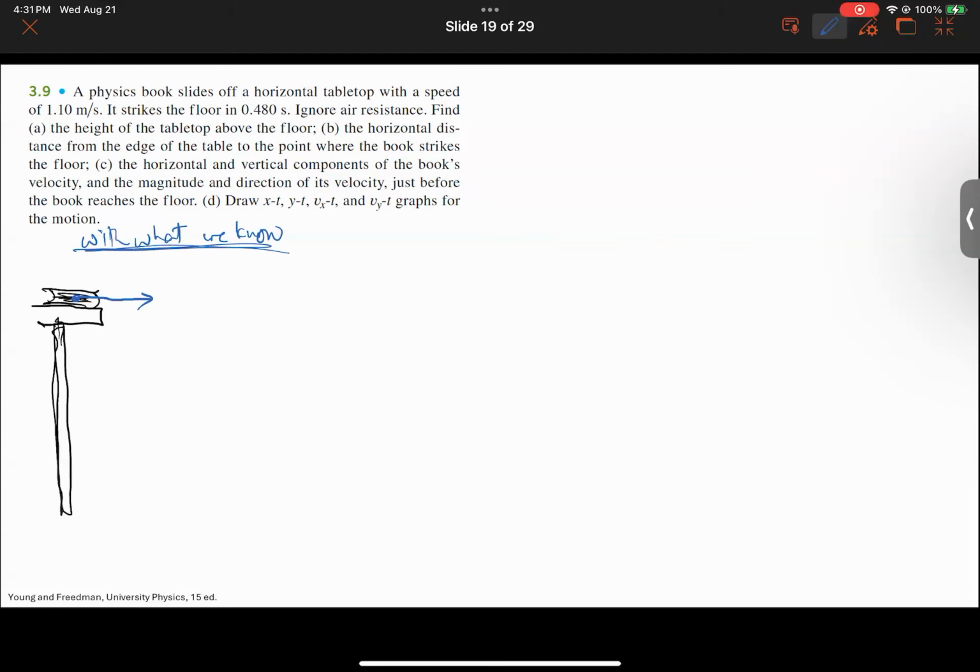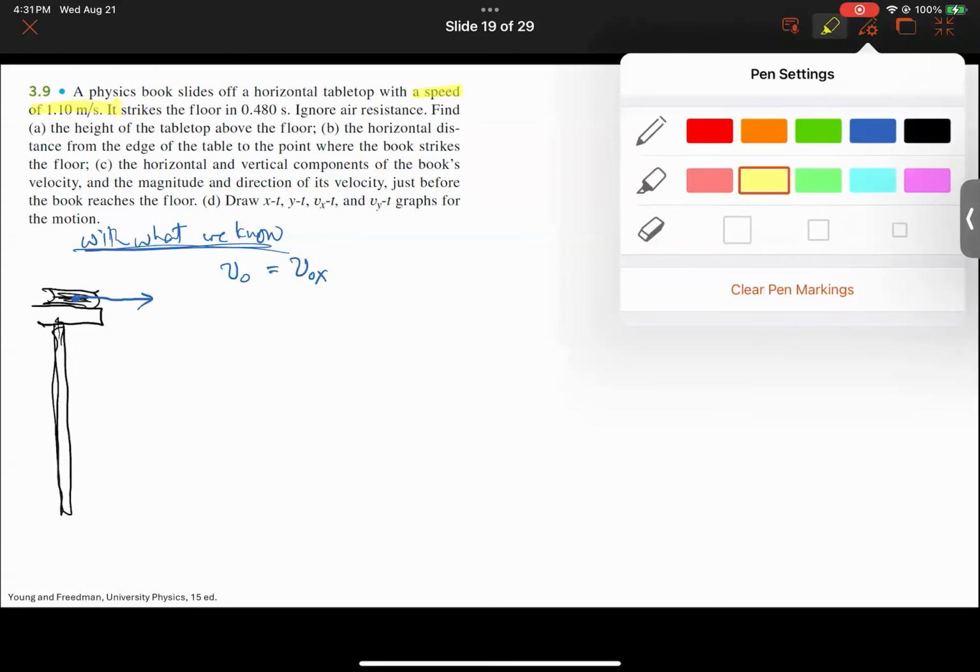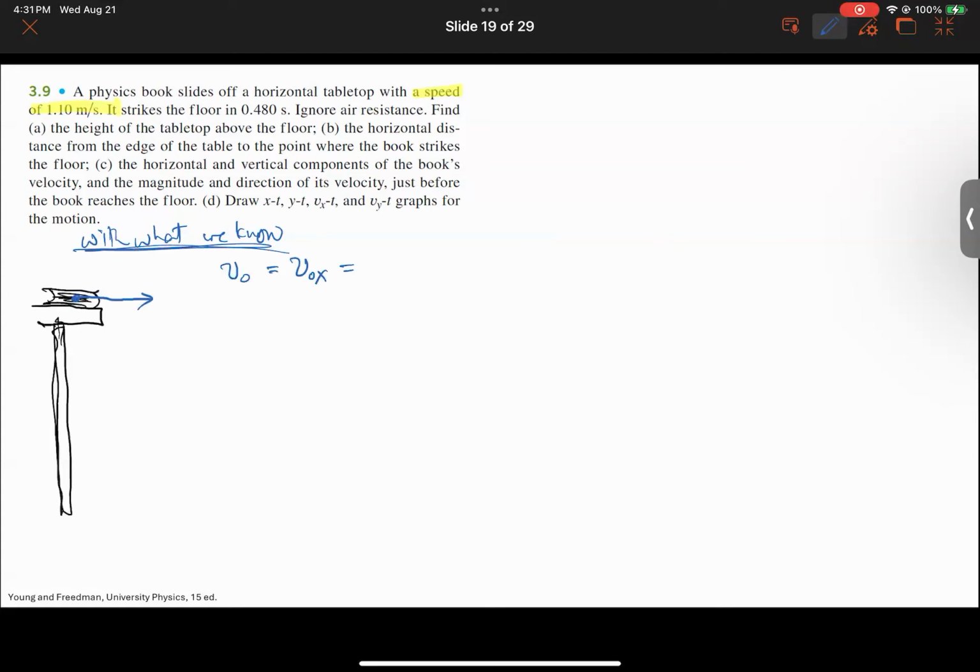So what is the implication of this? Its initial velocity is the same as the x component, because its motion is only horizontal. This means the speed given is just the velocity along the x-axis, which is its initial velocity.